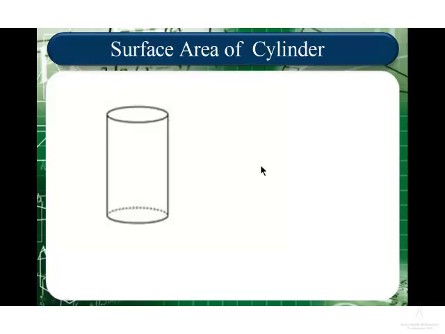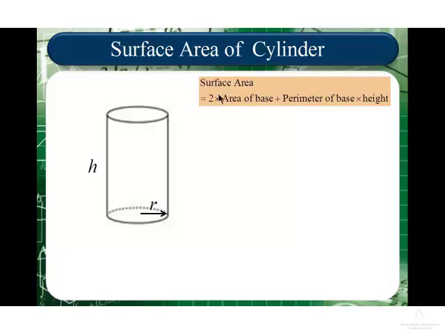Let's consider a cylinder where we have the base, a circular base with radius r, and h the distance between the circular base and the top as indicated. Now remember our strategy in general for finding the outer surface area will be to take 2 times the area of the base and add to that the circumference of the base, since it's circular, times the height.